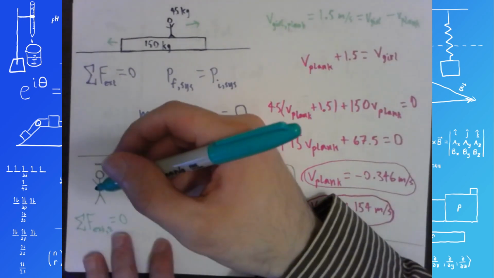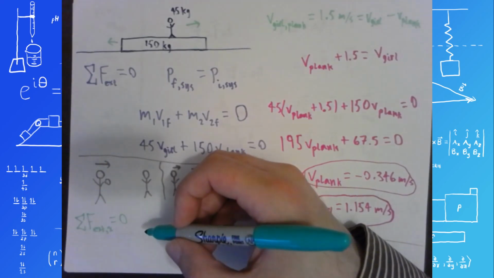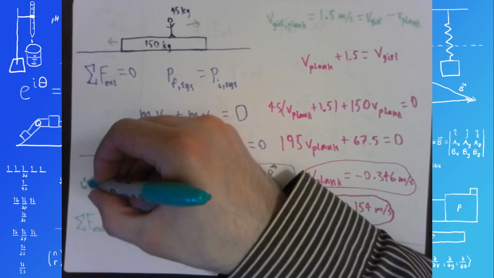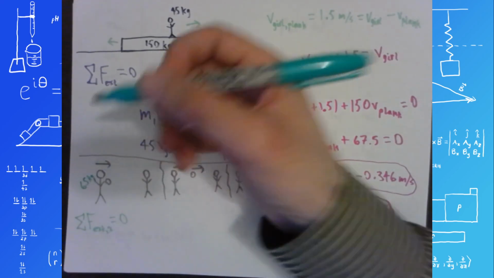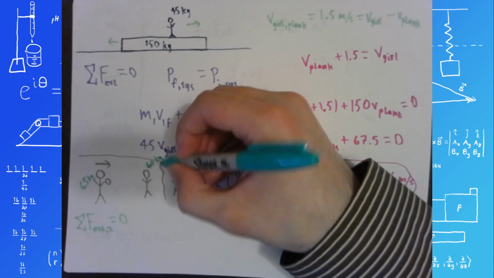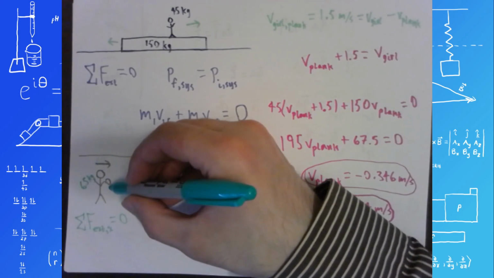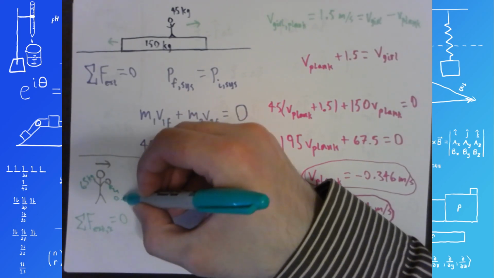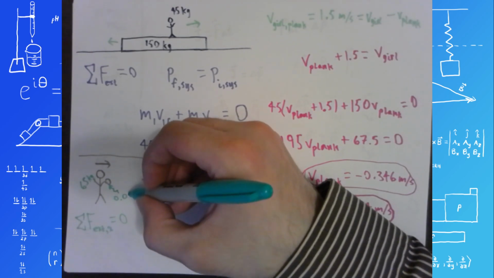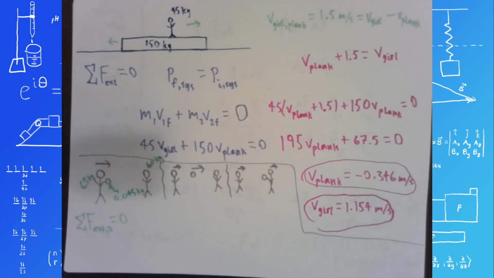So first with person A, we've got the mass of the first person is 65 kilograms. The second person is 60 kilograms. And the snowball is 0.045 kilograms.